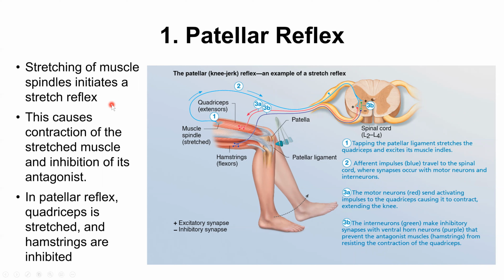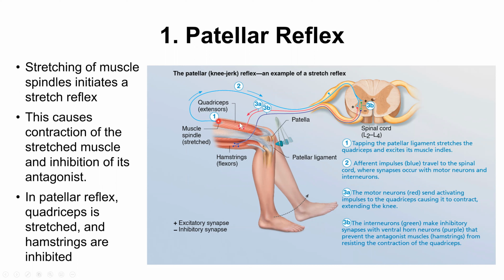And basically, in a stretch reflex, if a muscle is stretched, we immediately try to do something to decrease the stretch, or to, I guess, bring it back to its original size. And so we do this in the patellar reflex by contracting the stretched muscle, because muscle contraction is going to shorten the muscle. And we also, at the same time, have to inhibit the muscle that opposes that action.